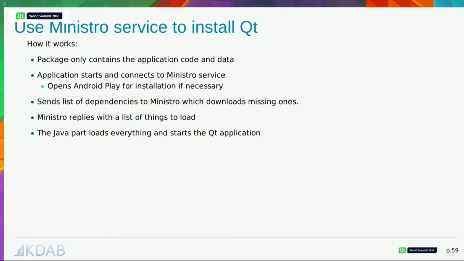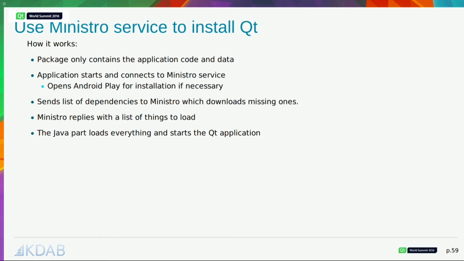Let's see how Ministro service works. Your APK will contain only the application code, the application binary and the application data. When the application starts, it tries to connect to Ministro service. If it fails, it opens Google Play for the user and asks the user to install Ministro. The user will see only Ministro there, so the user will only tap on install Ministro.